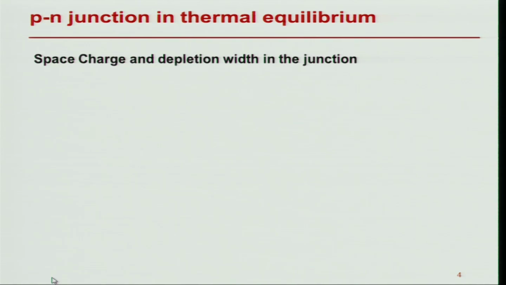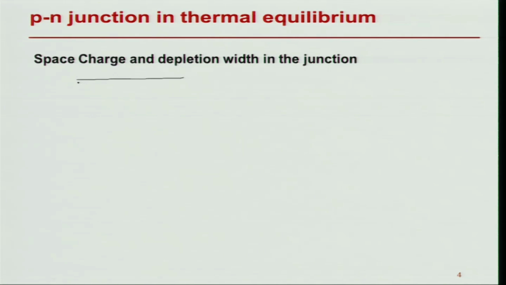Next, we would like to look at what is the space charge in this p-n junction area and what is the depletion width. So, we have already said that when I make a junction, I have uniform doping of n type on the n side, hence electrons are going to move, having higher concentration on the n side, to the p side, and the holes are going to move from the p side to the n side.